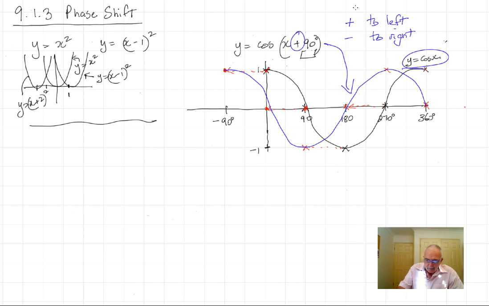Here we have a positive, so we're going to move the graph to the left. So every point on the graph, we've only just done the major ones, but every point has been moved 90 degrees to the left. So this is called phase shift. You're changing the phase. It is also called horizontal shift, but with trigonometric functions it's standard to use the term phase shift.